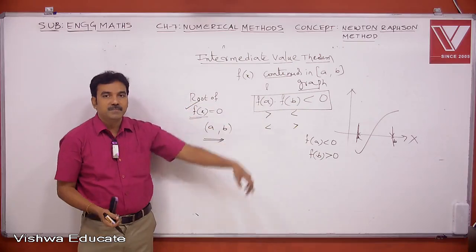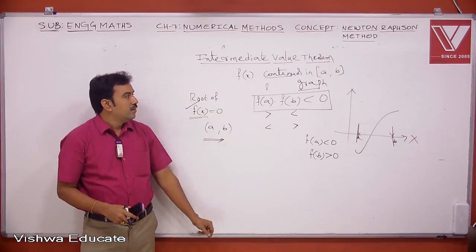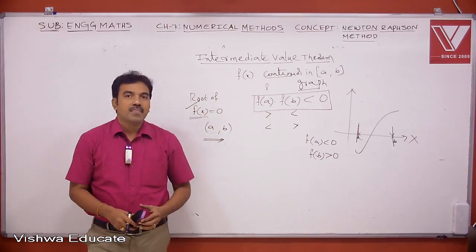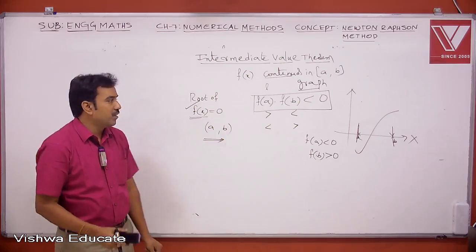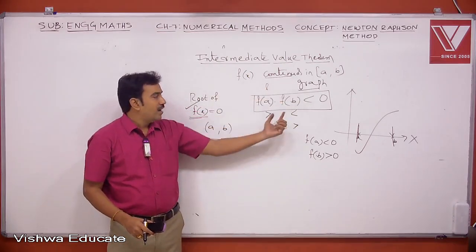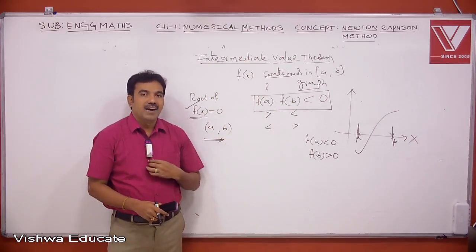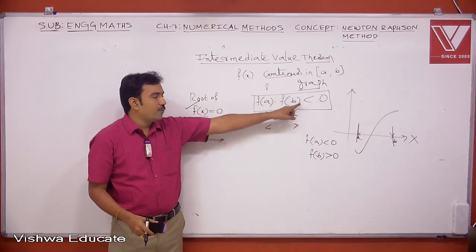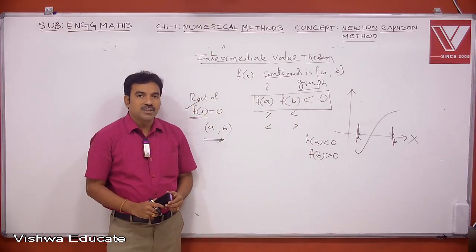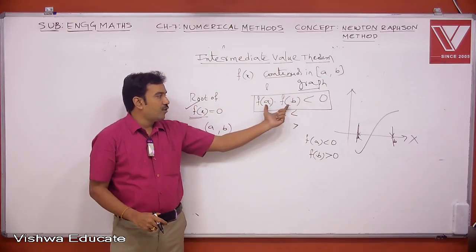Let f of x be a function which is continuous in the closed interval a comma b, and f of a dot f of b less than 0.